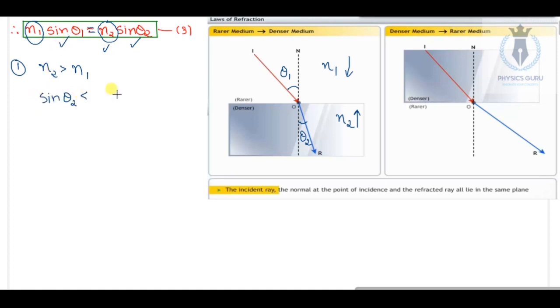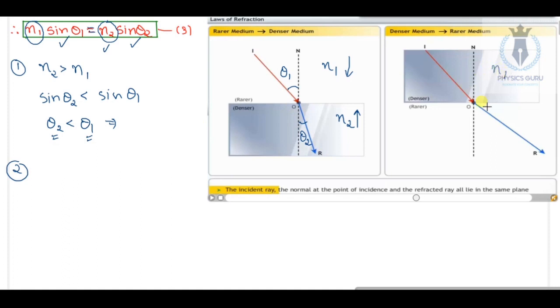That means sin theta 2 is less than sin theta 1, and hence theta 2 is less than theta 1. As theta 2 is less than theta 1, the angle of refraction is less than the angle of incidence, so the light ray bends towards the normal when it enters from an optically rarer medium to a denser medium.